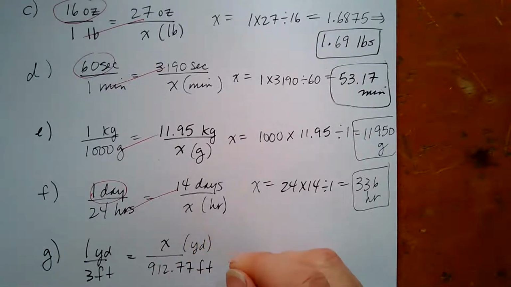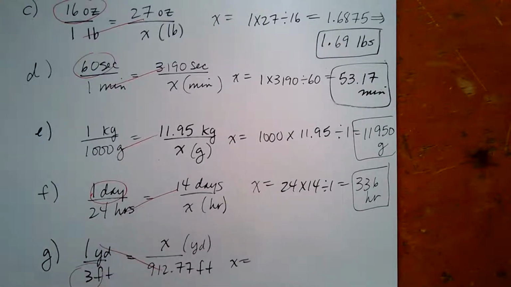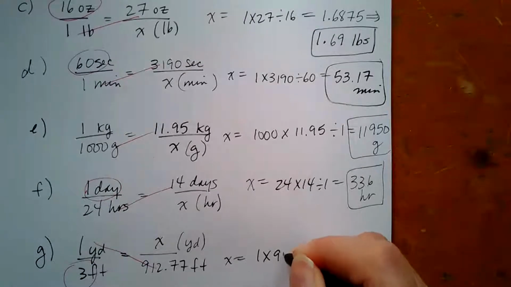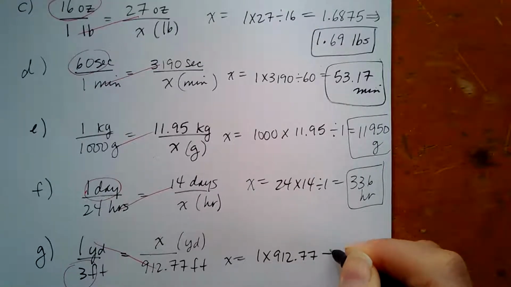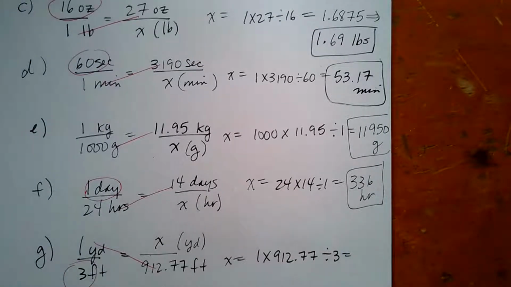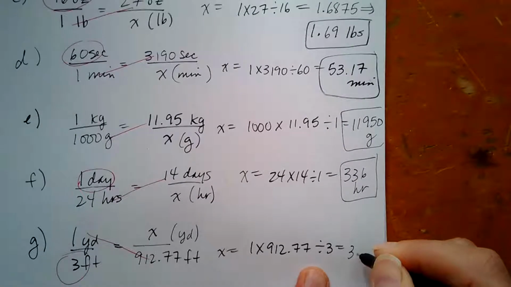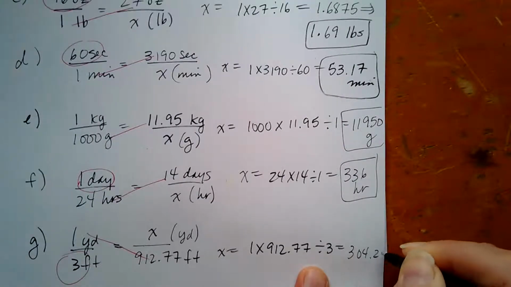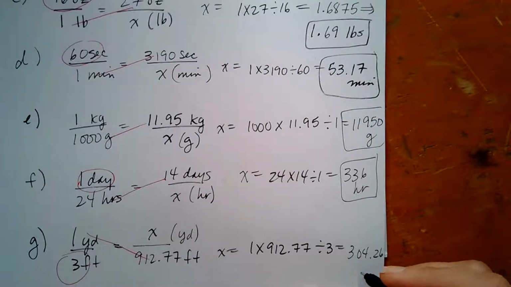And that's going to be X yards. So X equals 1 times 912.77 divided by 3. And that leaves me with 304.26 yards.